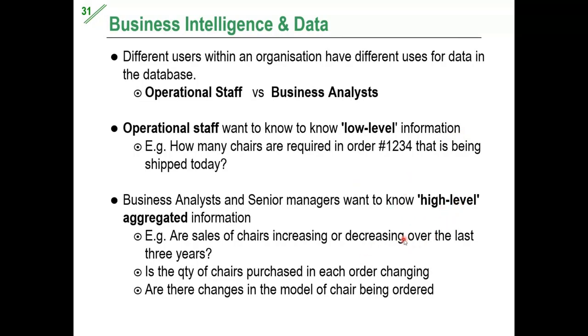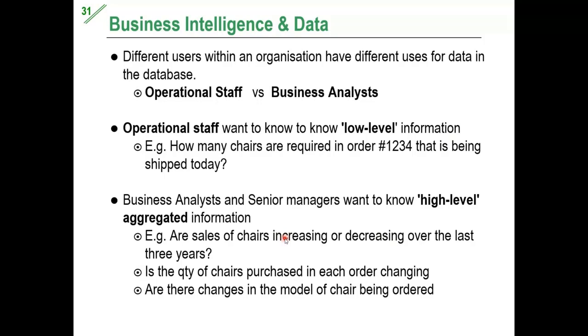Top managers like a more aggregated level, right? How many chairs we have shipped in the last month, or whether sales of chairs are increasing or decreasing over the last 3 years. So these sorts of higher level details need to be produced for the senior managers.